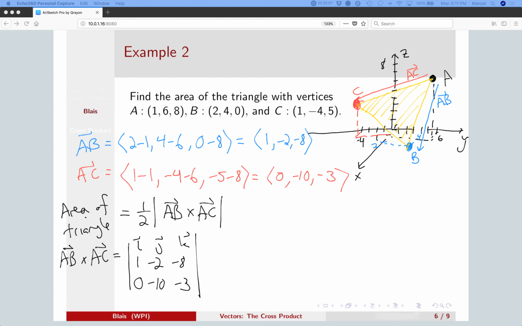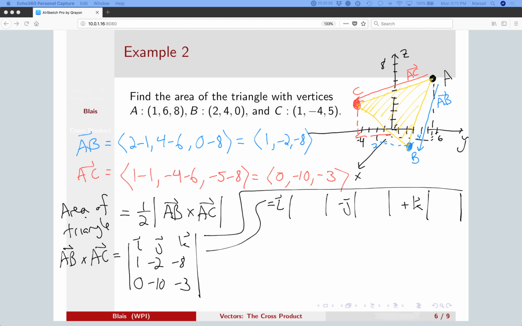So this will equal, remember, i times its 2 by 2 minus j times its 2 by 2 plus k times its 2 by 2. To get the 2 by 2 for i, erase the row and the column containing i. What remains?